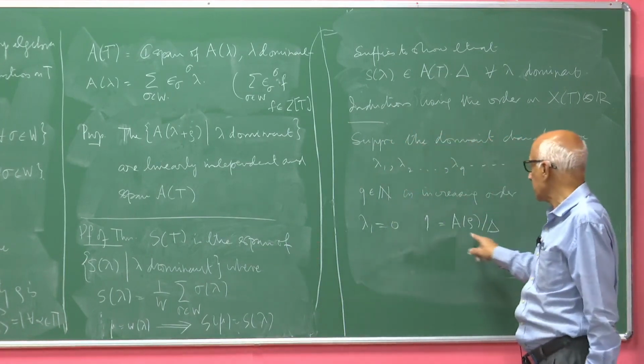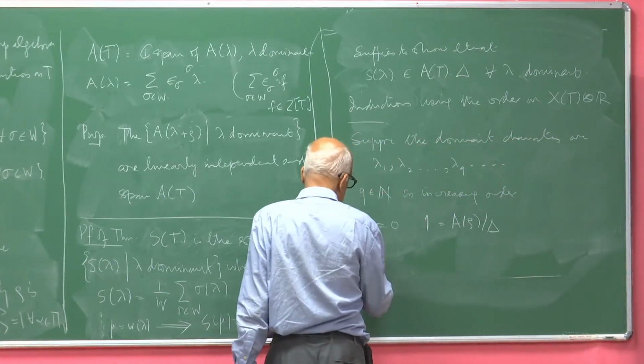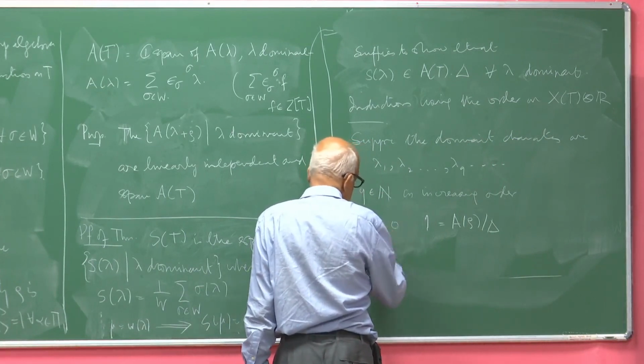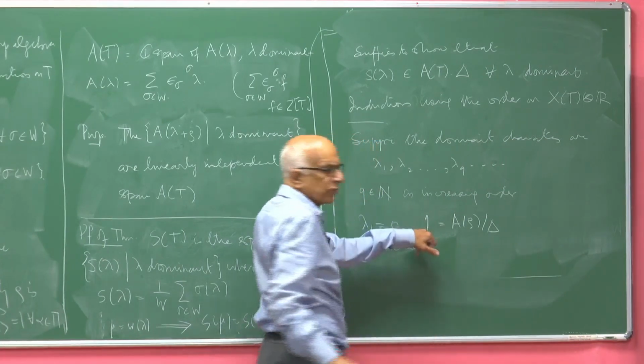Lambda 1 equals 0 means the character is the trivial character. This is the additive notation; in the multiplicative notation it becomes 1 equals a rho by delta.